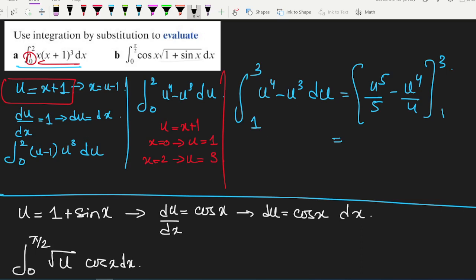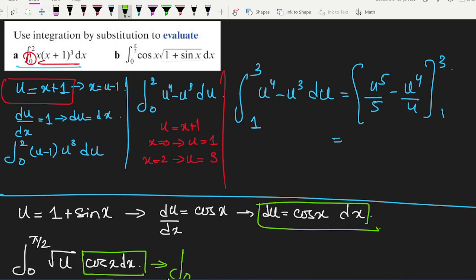If we observe this a bit closely, cos x dx is basically du. So we can directly substitute cos x dx as du, giving root u du.